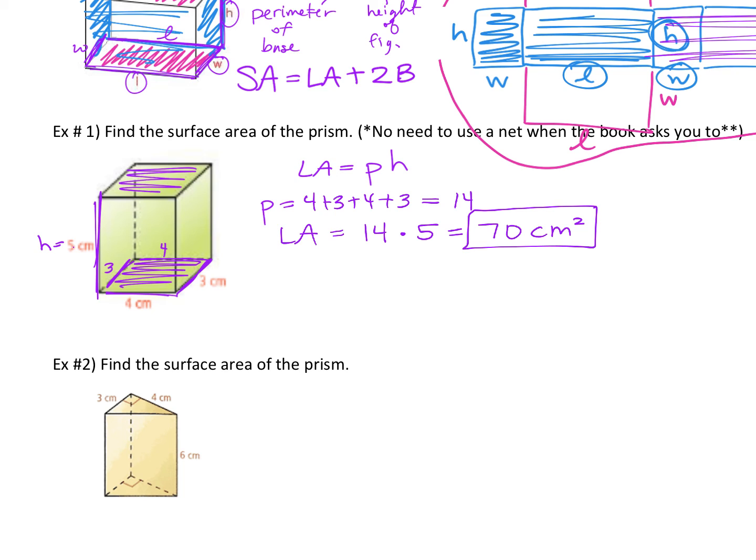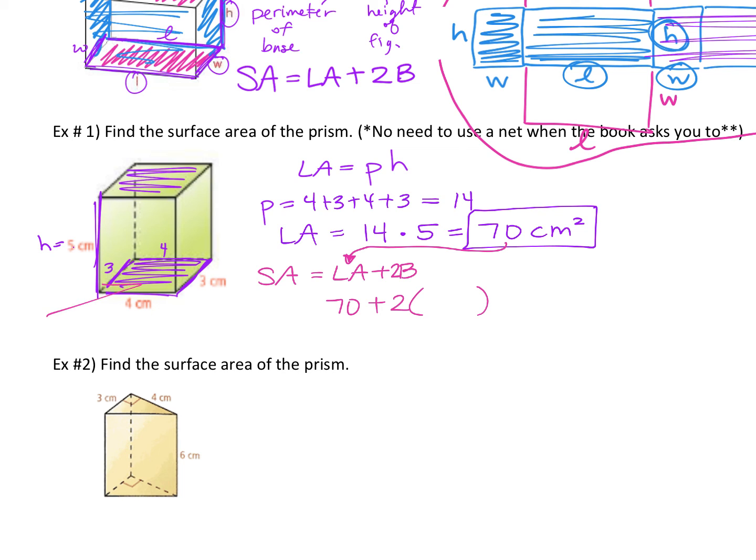We want the surface area. So the surface area is our lateral area plus 2 times the area of the base, because we have to add those 2 bases on, okay? This becomes a little simpler because we already have this number. This number is going to drop in for LA, so 70 plus 2, and then we just have to figure out the area of the base.